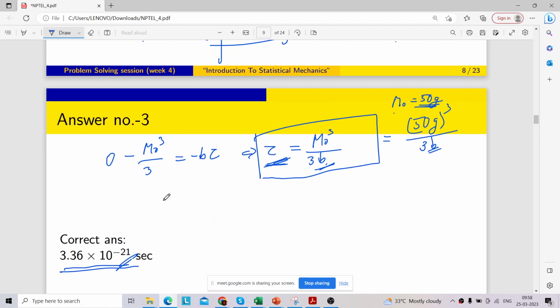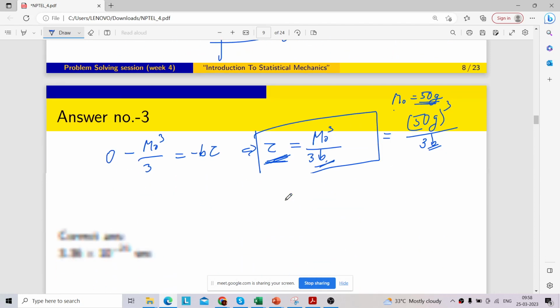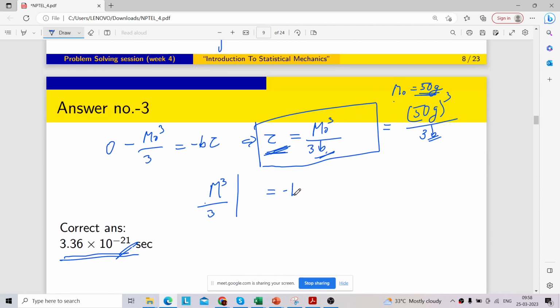We have the integration of m squared dm, which gives m cube divided by 3 with some limits, equal to minus b t with some lower and upper limit. Let's assume at t equal to 0 the mass of the black hole was m0, and at some time t the mass is m.